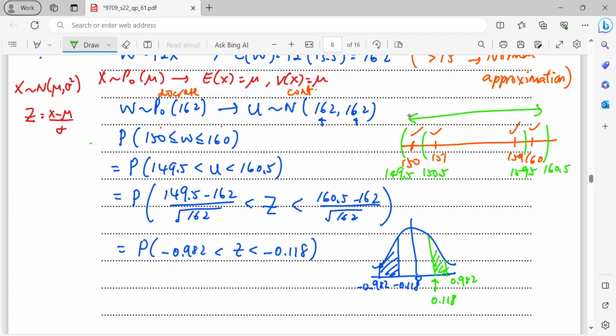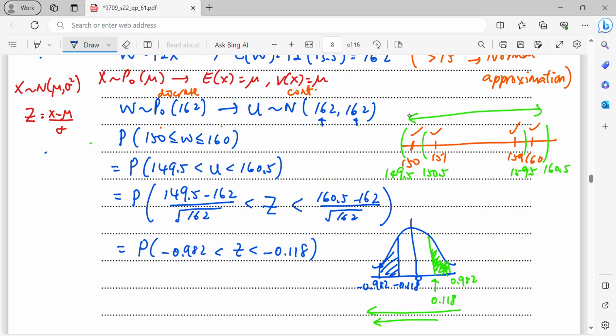So obviously, to get the green region, actually your blue region is the same as the green region. So when you need to get the green region, it is the probability of Z less than 0.982 minus the probability of Z less than 0.118. Then you'll be getting the green region. Okay, and the green region will be the same as the blue region.